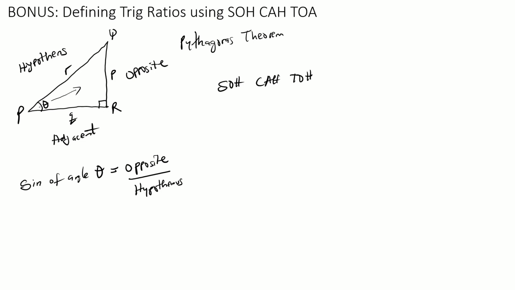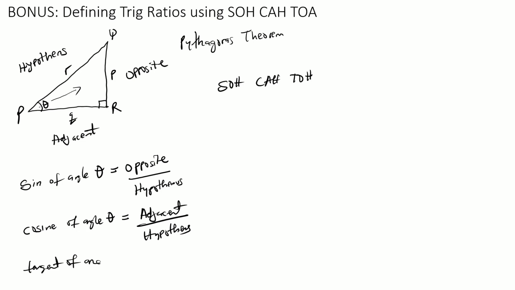The cosine of the angle is going to be equal to the adjacent over hypotenuse. And the tangent of the angle will be equal to the opposite over adjacent.